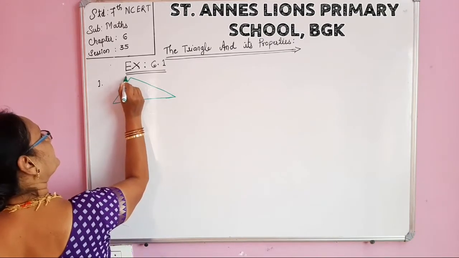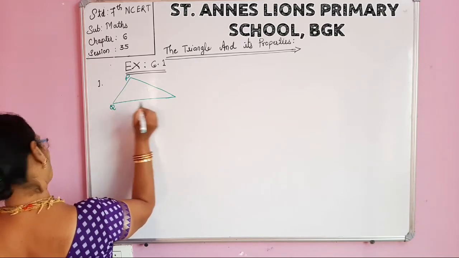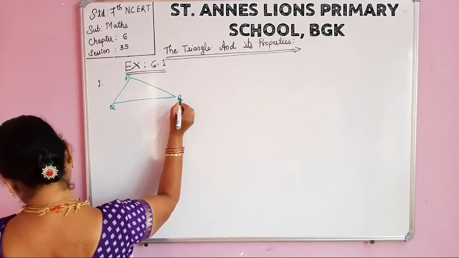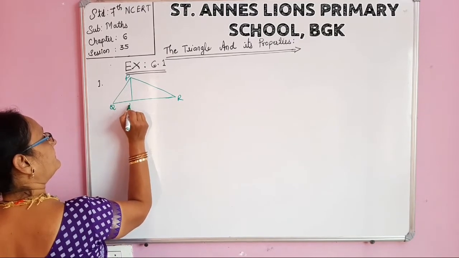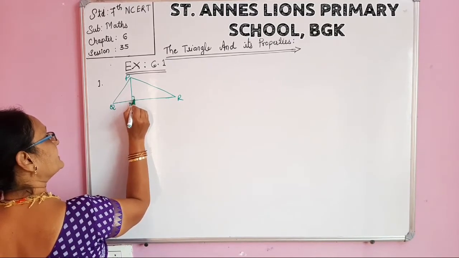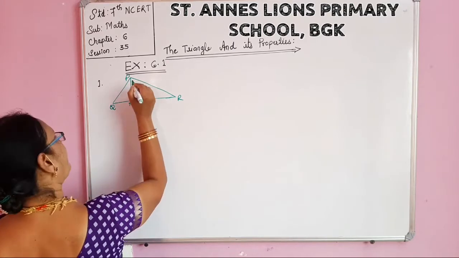What is that? P, Q, R, and here PM is 90 degree. Observe the figure properly.